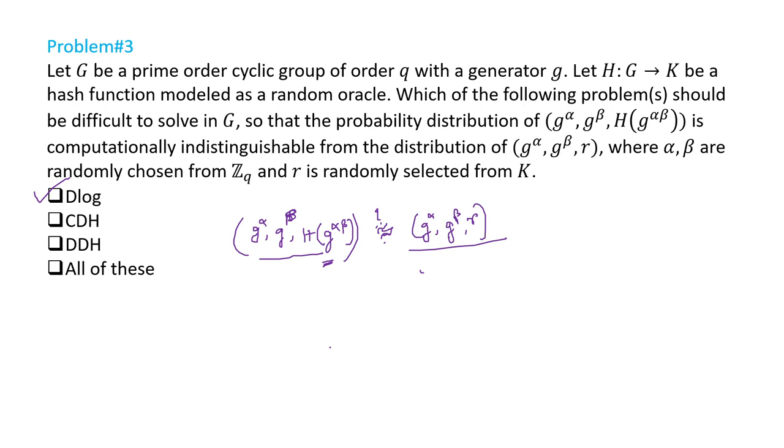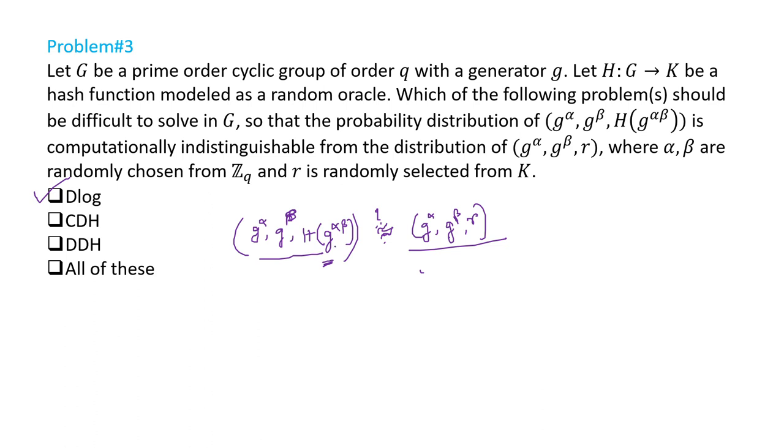Because we know g^alpha, we know g^beta. If computational Diffie-Hellman is not hard, then from the information of g to the power alpha and g to the power beta, we are able to compute g to the power alpha beta.